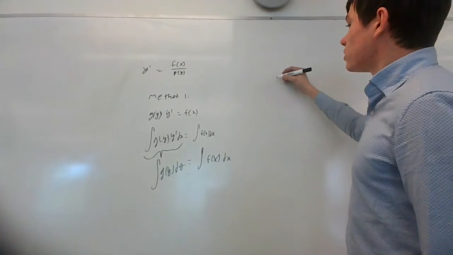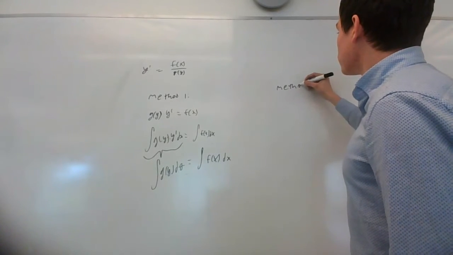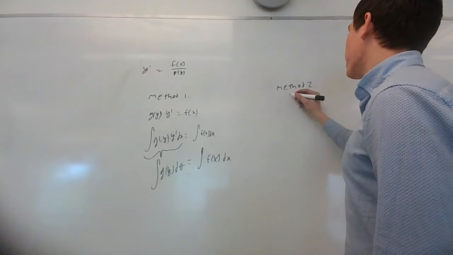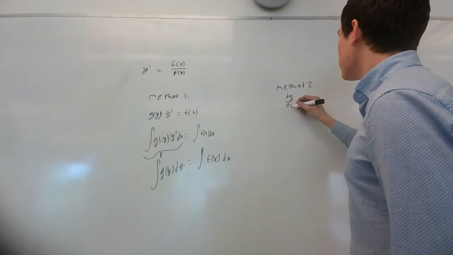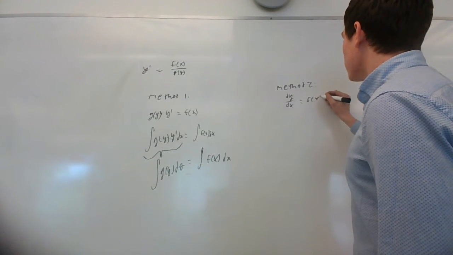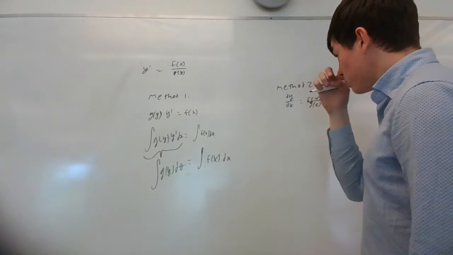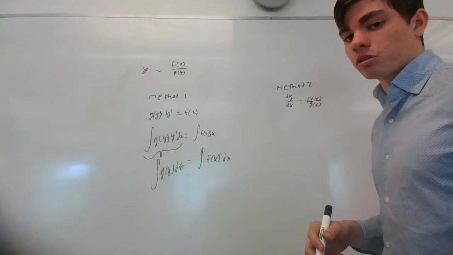The second way to do this, method 2, is to define y prime, dy/dx, to be equal to f of x. Oh, this is good. This is valid so far. dy/dx can be treated as a fraction.